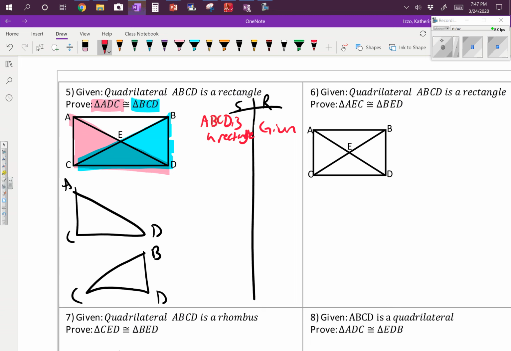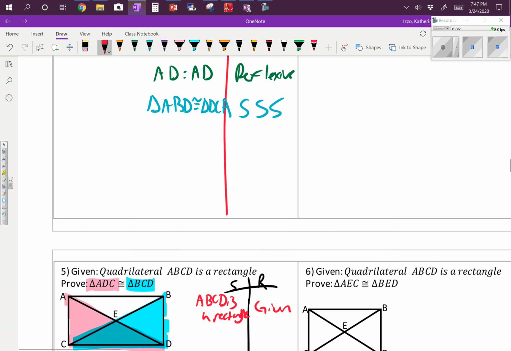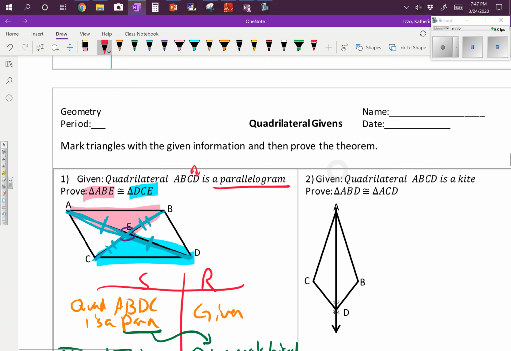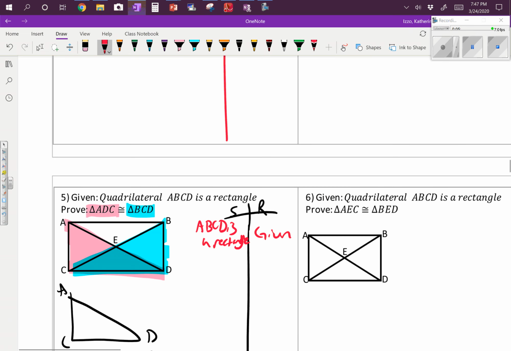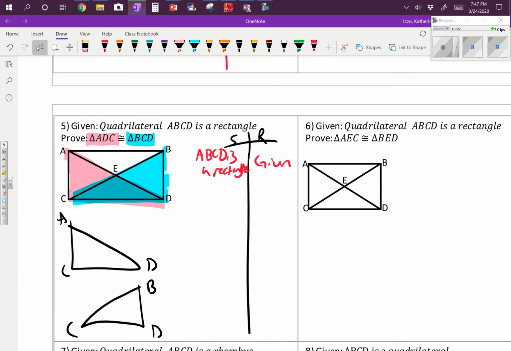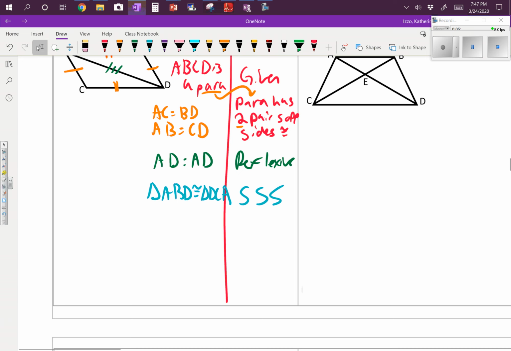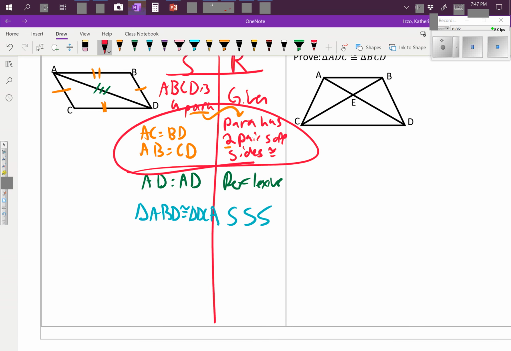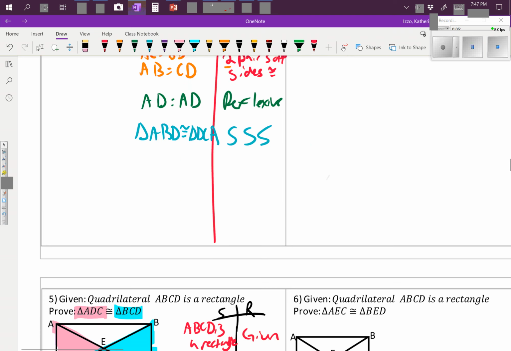Okay, rectangle. Let's take a look at rectangles. Rectangles have what? Rectangles are parallelograms. All angles equal 90 degrees and diagonals are congruent. So it's a parallelogram, which means we can use anything from parallelograms. And we just used something very useful: two pairs of opposite sides are congruent.